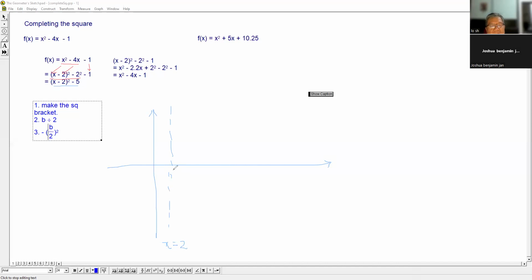Then this is the starting point. Where should I go? Up or down? Down 5. Down how many steps? 5 steps. Correct, go down 5 steps means -5.